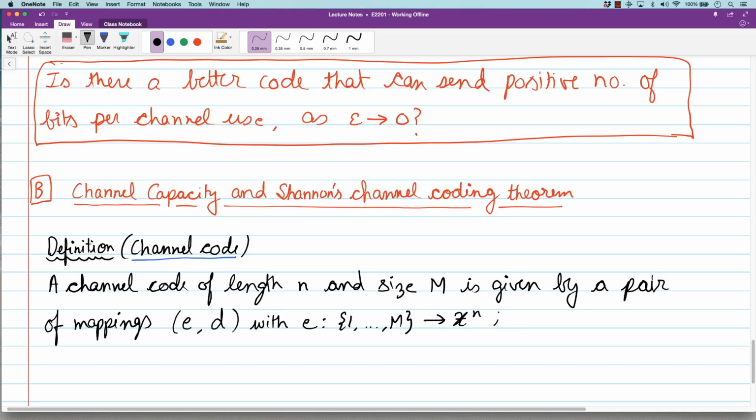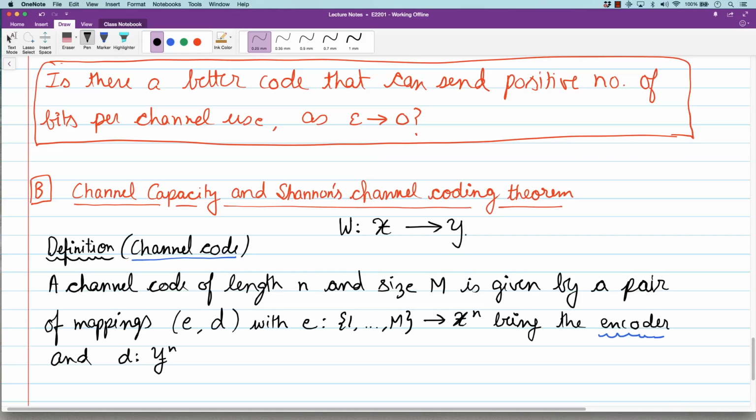So this is the encoder mapping. And the mapping D looks at what has been received. So y^n, remember the channel W that we are looking at has input alphabet X and output alphabet Y. So we look at what we receive out of the channel output and declare a message.